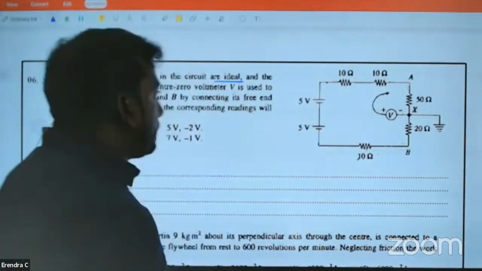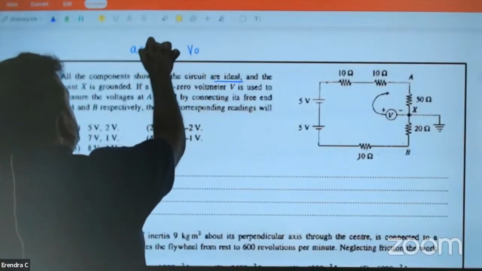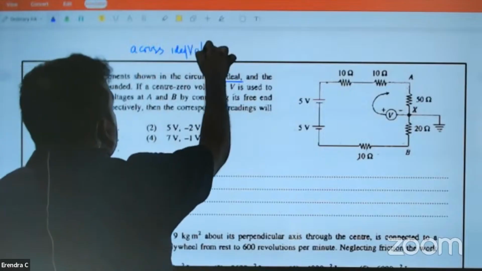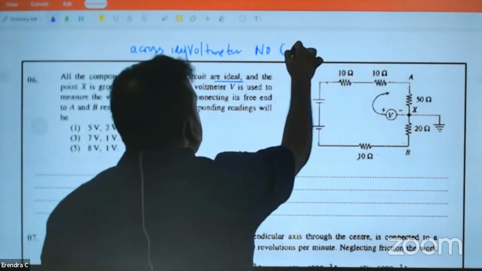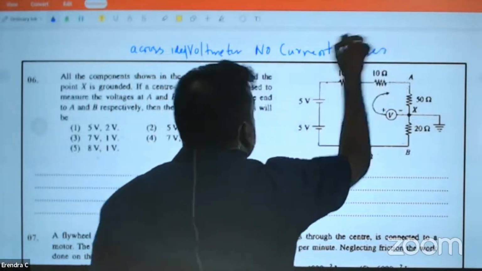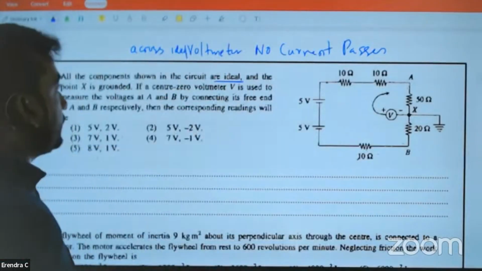That means across an ideal voltmeter, no current passes through.